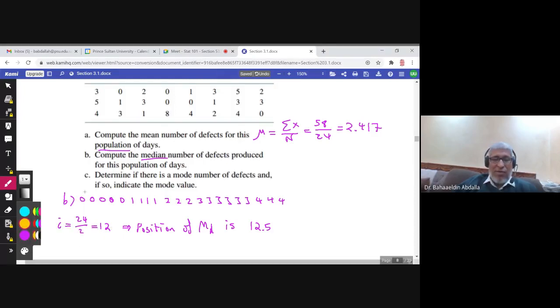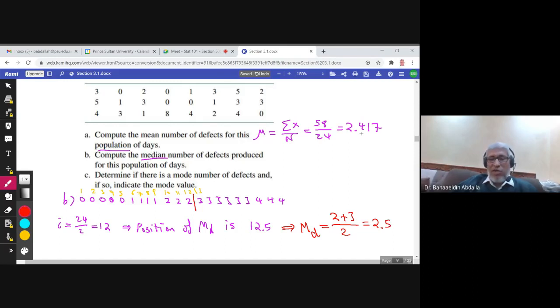Now, if you count the numbers, you have 1, 2, 3, 4, 5, 6, 7, 8, 9, 10, 11, 12, 13. So it is in the middle between 2 and 3. The number in the middle between 2 and 3 is 2.5. You can just know it from looking at 2 and 3, what is in the middle? It is 2.5, or you can find the average by adding 2 plus 3 and dividing by 2. So the median is 2.5.